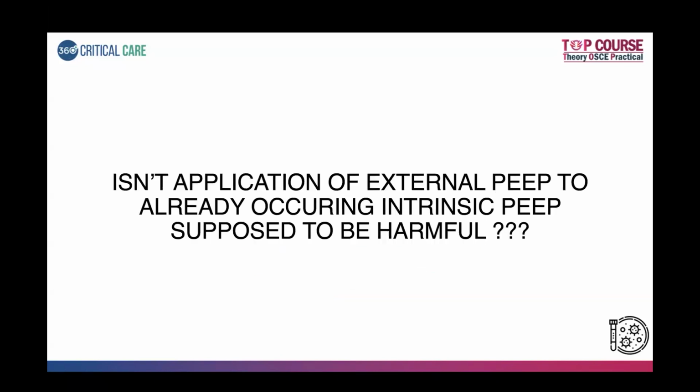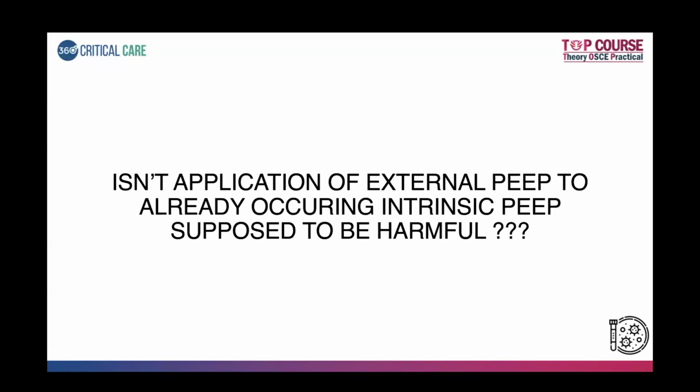So patient already has an auto PEEP. So isn't application of an external PEEP to an already occurring intrinsic PEEP supposed to be harmful? So this was a question that had come up way back in the 1980s.